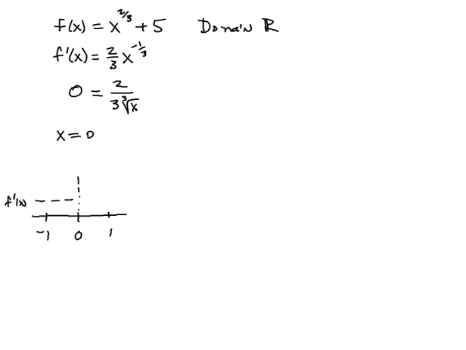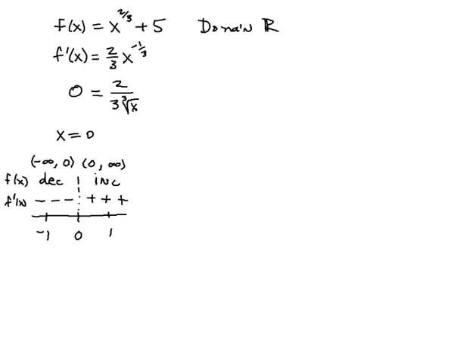So all the values in the interval from -infinity to 0, the original function f is decreasing. And if I put 1 in there, I'm going to get a positive derivative, which means the original function is increasing from 0 to infinity. That was my only critical point there, was 0. And the function exists on all real numbers, the domain.